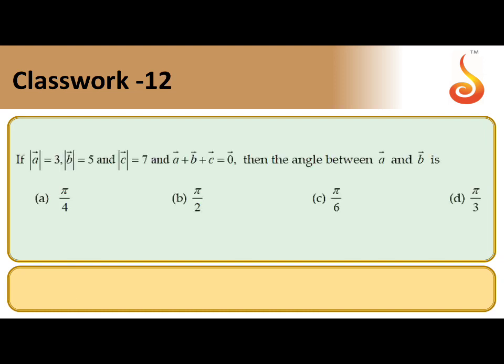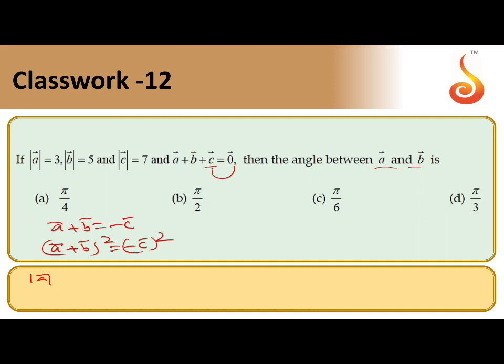Modulus A is given 3, modulus B is given 5, modulus C is given 7. And A plus B plus C equals 0; what is the angle between A and B, they are asking. So here, if you want to find the angle between A and B, transfer C to that side. A bar plus B bar equal to minus C bar. So here, square on both sides. A bar plus B bar whole square equal to C bar square.